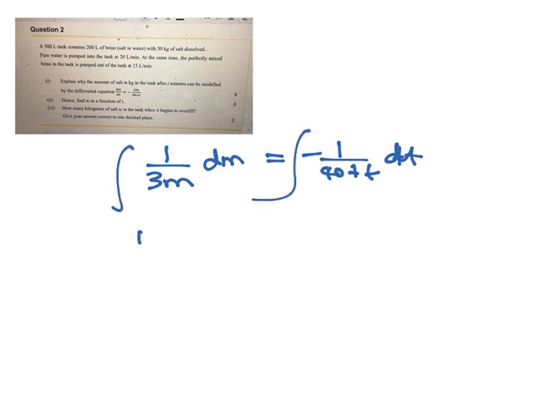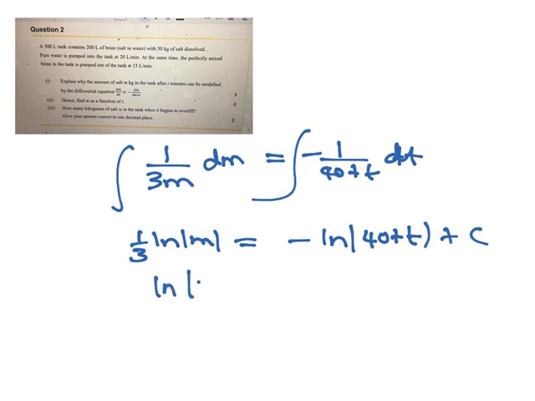And then it just becomes like solving a differential equation. So you put that on 3m equals minus 1 on 40 plus t dt, which gives me 1 on 3 ln m equals minus ln 40 plus t plus c, and then ln m equals minus 3 ln 40 plus t, actually plus 3c.